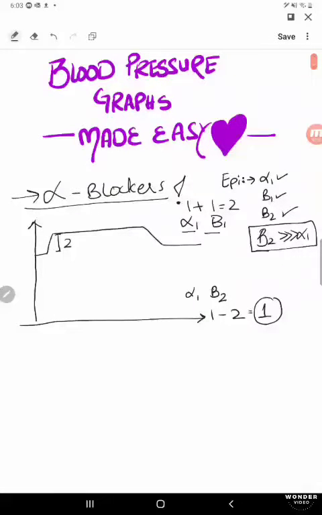So the drop that we're going to see in our diastolic blood pressure is going to be comparatively less, which is 1, just to explain the heights. So this is more than this, right? Which means that eventually in the end we will see an increase in our mean arterial pressure.